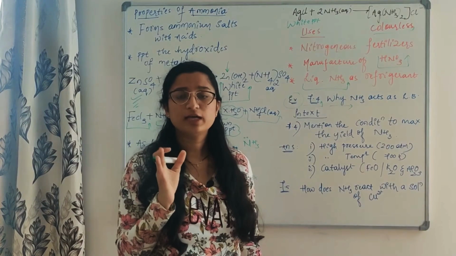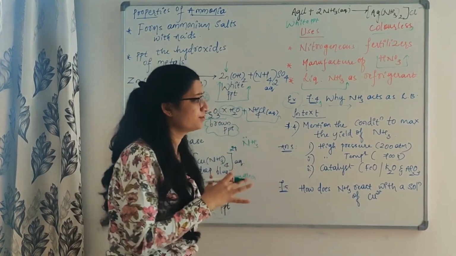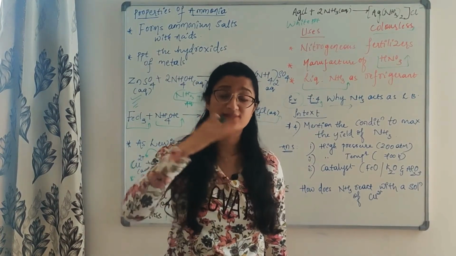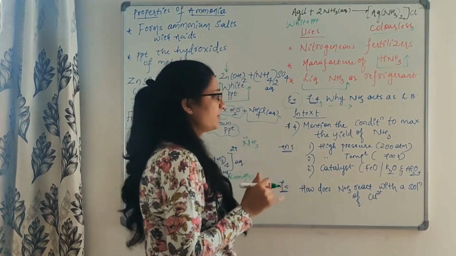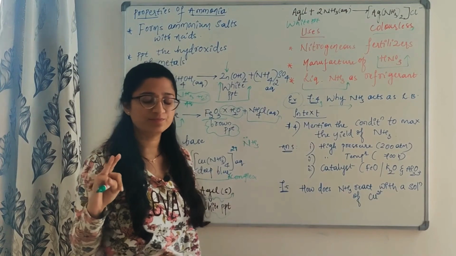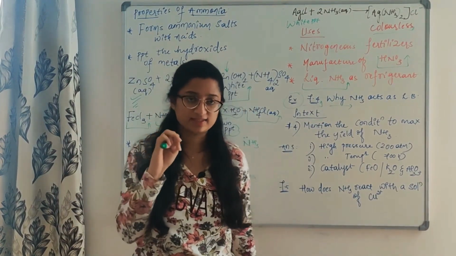In the Haber's process, we got to know that there are certain conditions by which we can maximize the yield of this NH3. Three things you have to remember. One is high pressure, high temperature, and then the use of a catalyst.